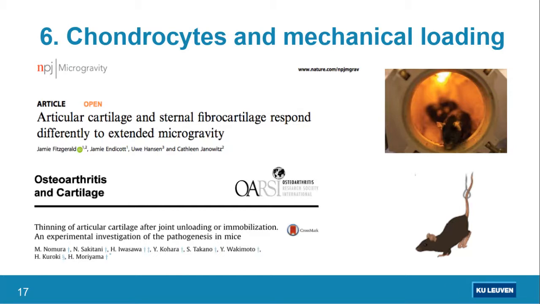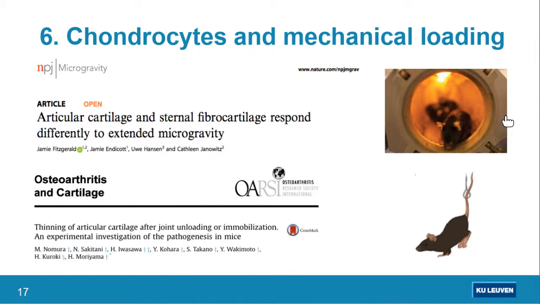So in this slide, I have put two examples of how important mechanical loading is to keep our cartilage healthy. So for example, in this first study, the authors report that rats that went for a month in a Russian spacecraft, once they were back, they showed early signs of cartilage degradation and early signs of osteoarthritis due to the microgravity.